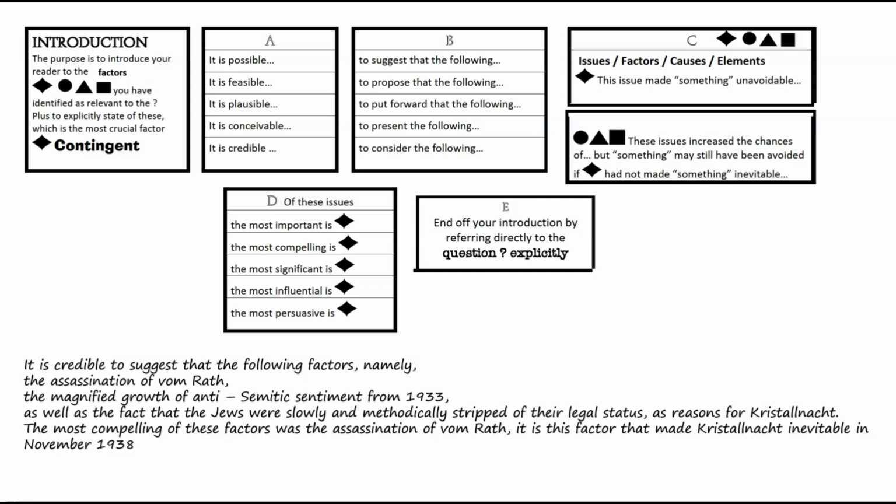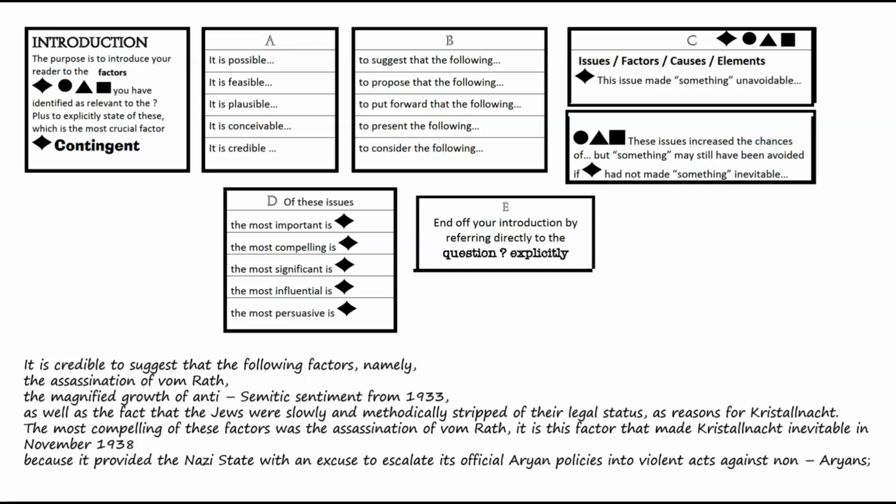It is this factor that made Kristallnacht inevitable in November of 1938, because it provided the Nazi state with an excuse to escalate its official Aryan policies into violent acts against non-Aryans or Untermenschen, subhumans.